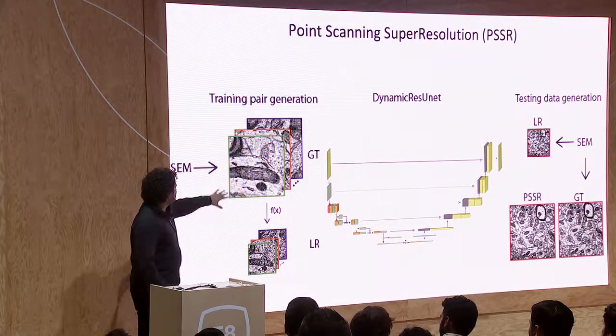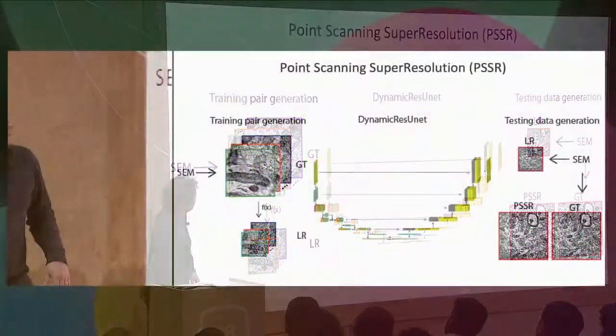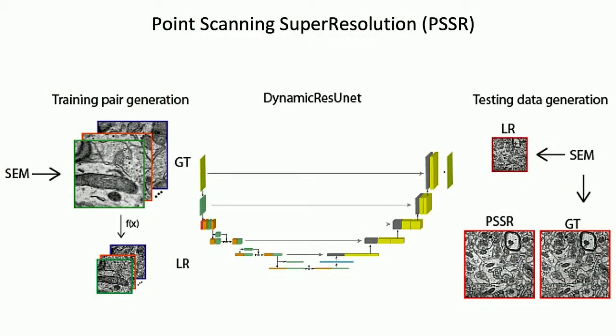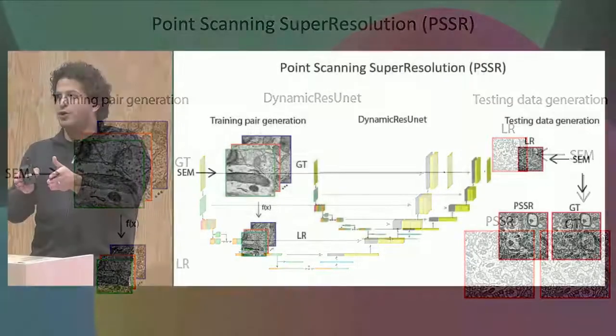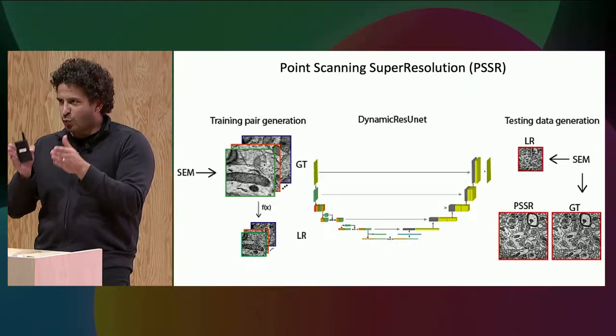So we take our high resolution EM images, we crapify them, and then we run them through our dynamic res UNet, and then we tested it with actual high versus low resolution images that we took on our microscope to make sure that our model was fine-tuned to work the way we needed it to work.